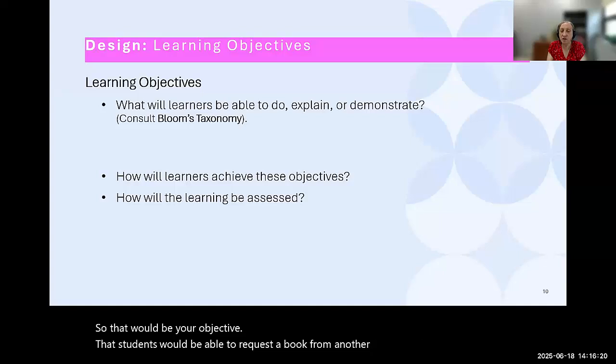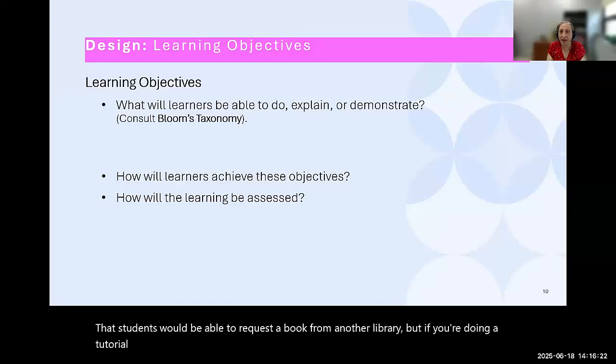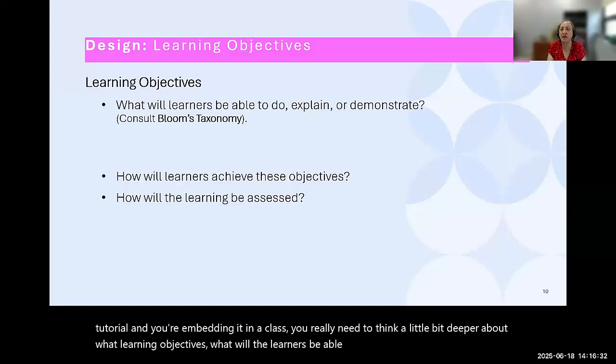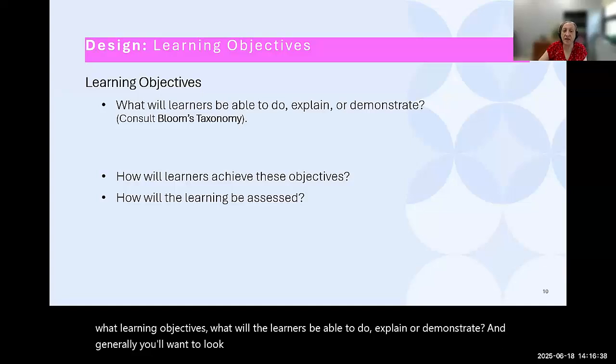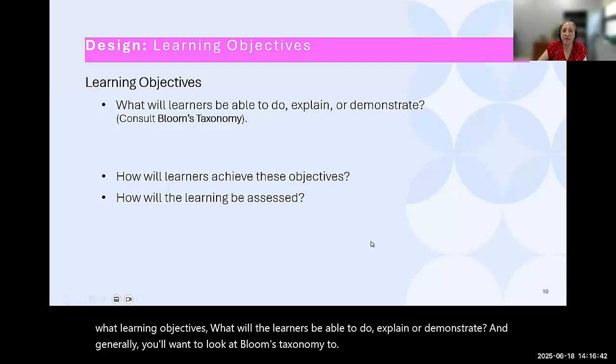But if you're doing a tutorial and you're embedding it in a class, you really need to think a little bit deeper about what learning objectives, what will the learners be able to do, explain, or demonstrate. And generally, you'll want to look at Bloom's taxonomy when you're wording your objective.